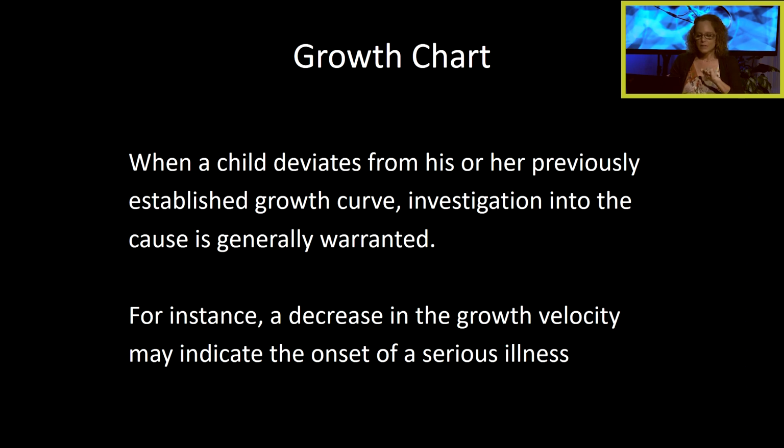An example of this might be, I know of a case where a young African American child who was being seen in a clinic was following a nice pattern on their growth chart, and then all of a sudden they fell off the growth chart, meaning that he was always in between the 5th and the 95th percentile. So let's just say that as he was growing, he was in about the 40th percentile. Okay? That means that about 50% of the kids are bigger than him, and about 50% of the kids are smaller than him. So he's right in the middle.